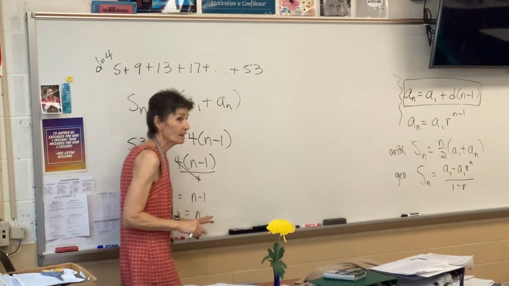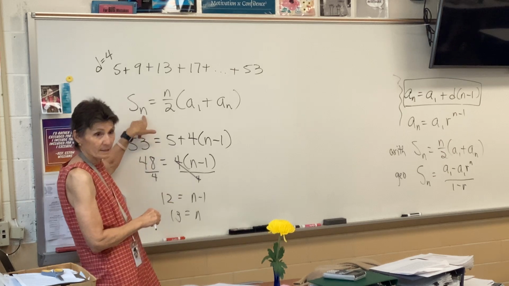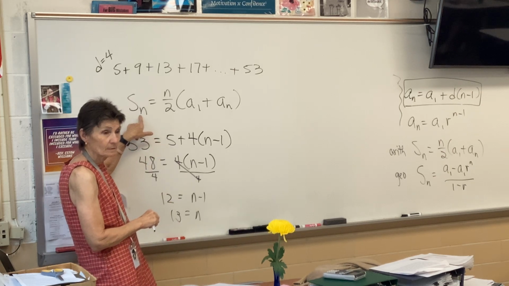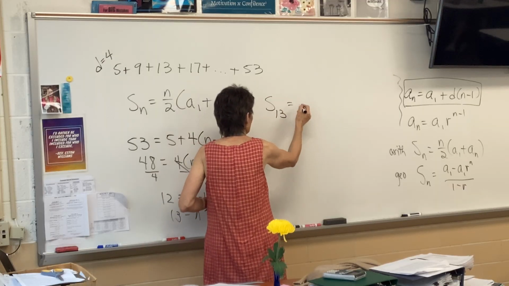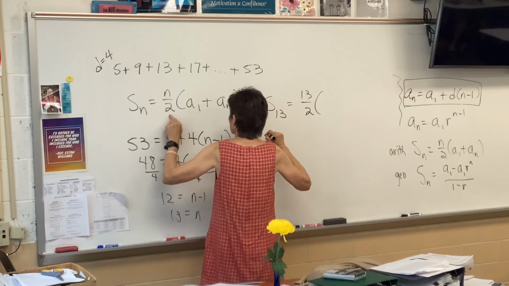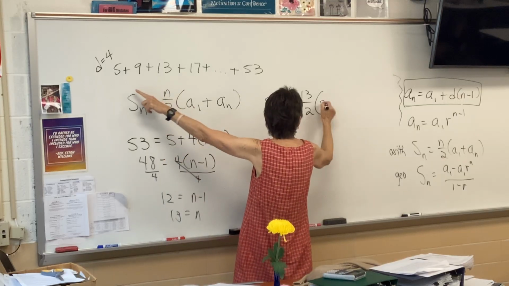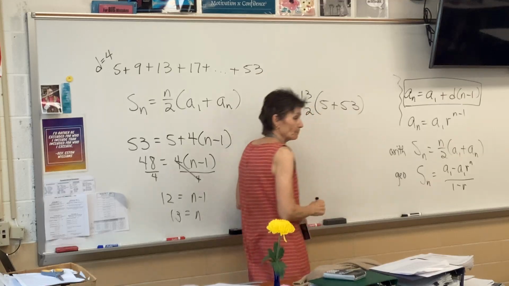Now, I'm not done. What did I just do? I just figured out what that is. So now I can say S sub 13 will be 13 over 2 times the first term plus the 13th term.